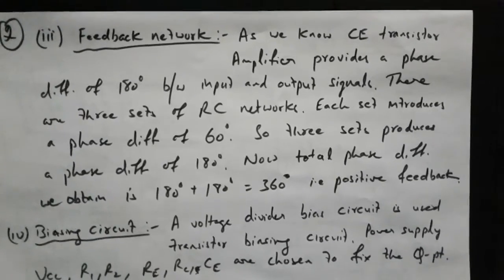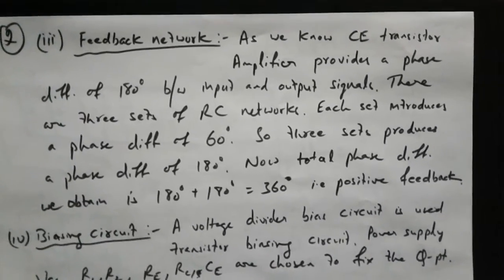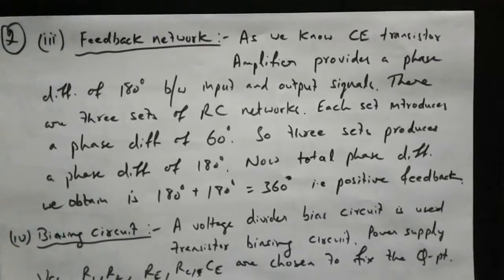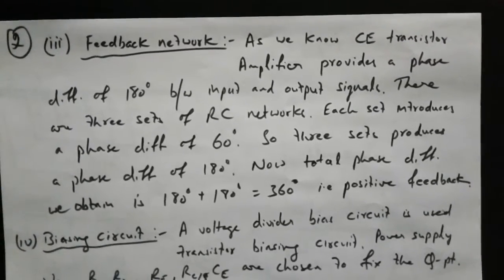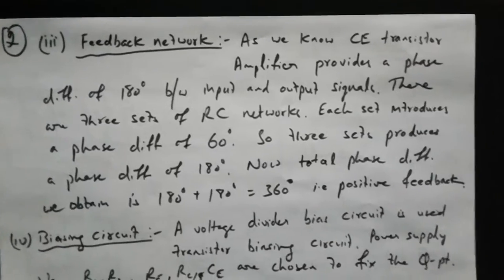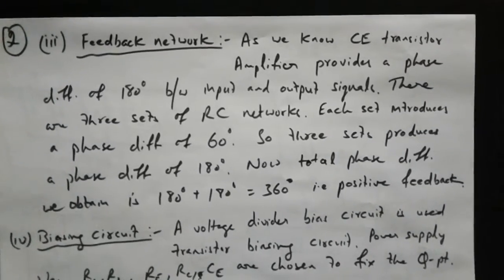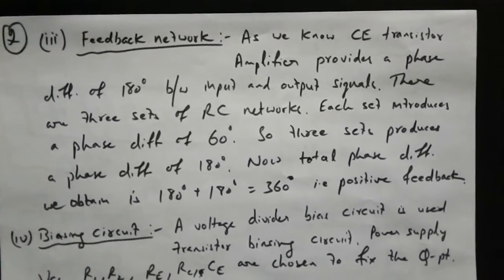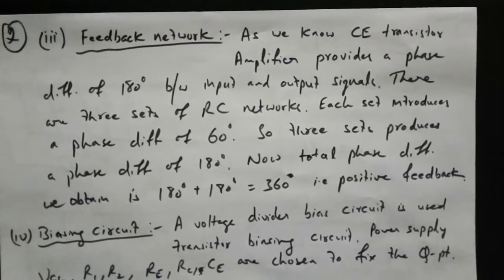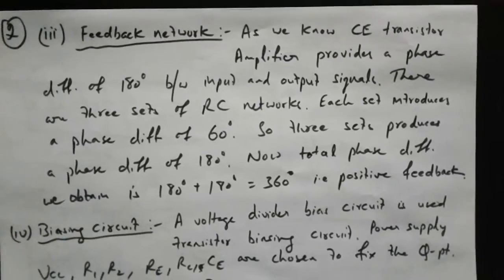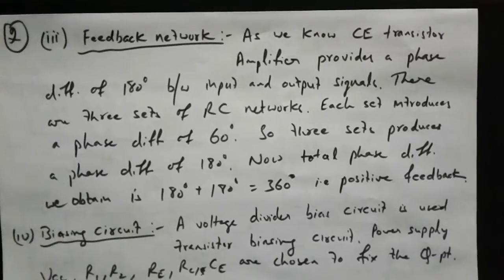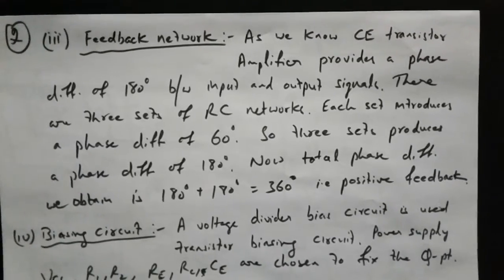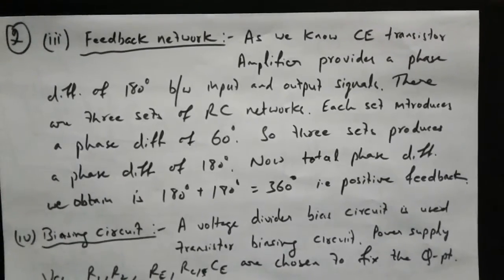Now the third component is the feedback network. As we know, in oscillators we require positive feedback. It means there should be a 360 degree phase difference, that is zero phase difference, between the input and the output of the oscillator. So how is that achieved in this oscillator?